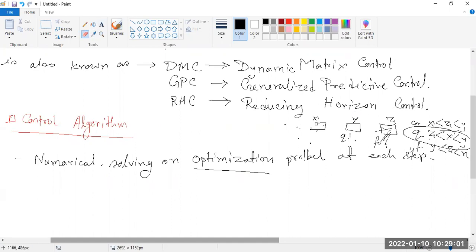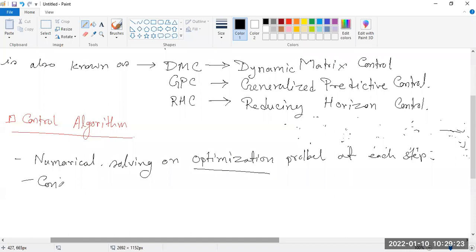Okay, you can see optimization means your best selection or best choice on your requirement. So at each step it will optimize, and then the constrained optimization.